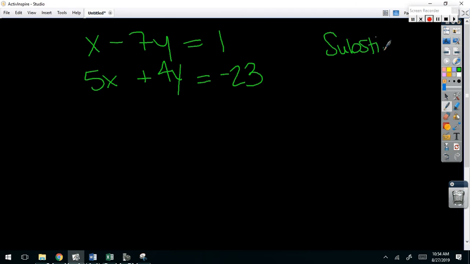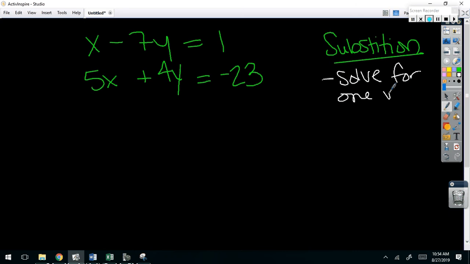I still tend to favor elimination, but with substitution, you're going to completely solve one equation for a single variable. You automatically saw that first equation and went, oh, substitution. So I know that x is going to equal 1 plus 7y. Do you agree with that?